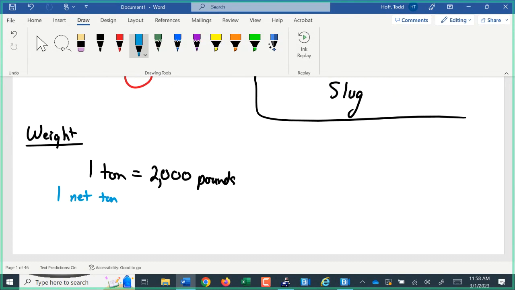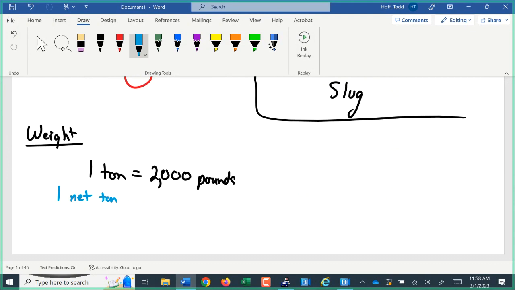What does that mean? Well, it's just like a net and gross paycheck. The ton was originally used for buying and selling grain. So you couldn't put a ton of grain on a scale. It had to be in a container. So a gross ton was the grain plus the container, which is obviously going to be larger. The net ton was 2,000 pounds.